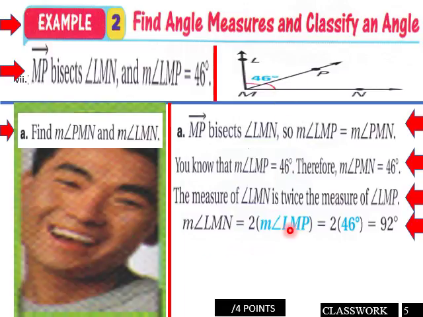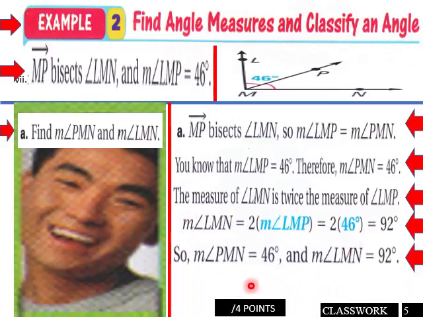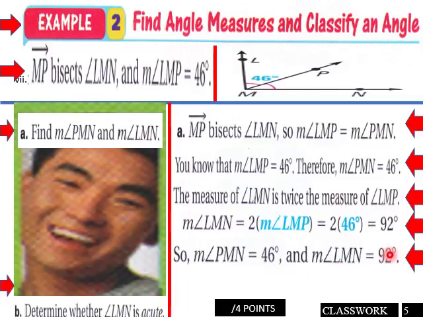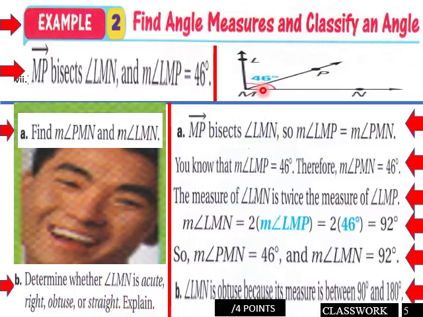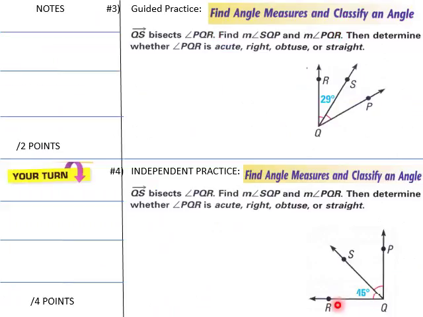So 2 times 46 would be 92 degrees. So PMN equals 46 and LMN equals 92. Determine whether LMN is acute, right, obtuse, or straight. Explain. So what is LMN then, if we know its measure? It's obtuse because its measure is between 90 and 180.